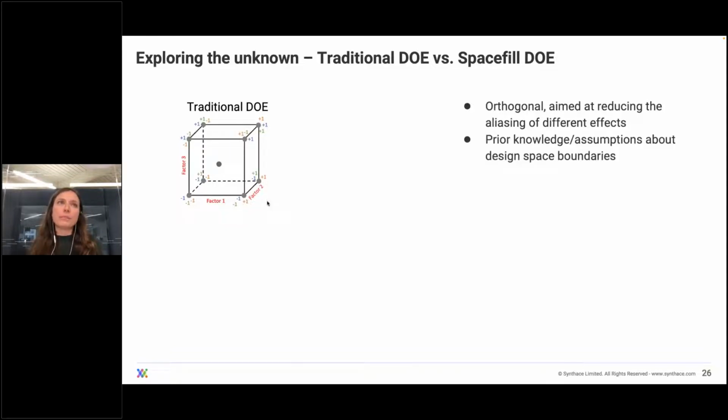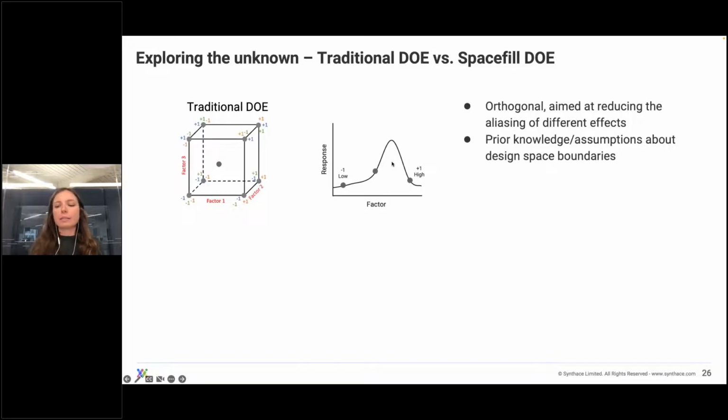But the limitation of this type of design is that you do need to have some prior knowledge. You have to make some assumption about your design space boundaries, meaning you wouldn't want to choose factor levels which give you 0 response, because then your DOE modeling will effectively fail. And so you might end up in a situation like this, where these 3 points are the responses that you've measured.